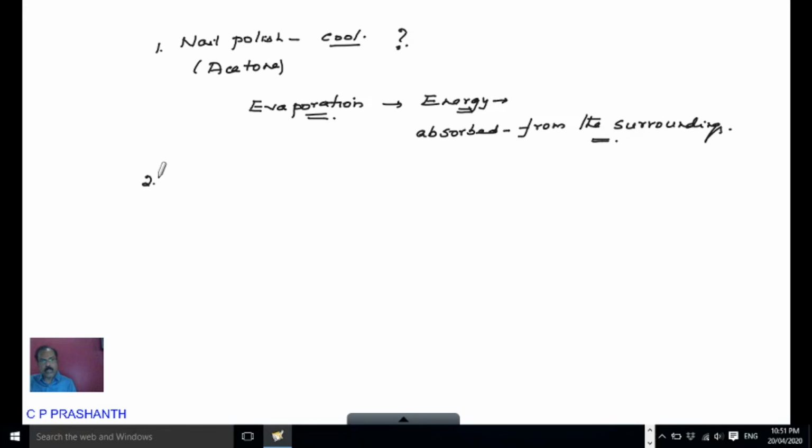The second question is, when we sweat, we get the same cooling effect. How do we explain this? A major part of sweat is water.